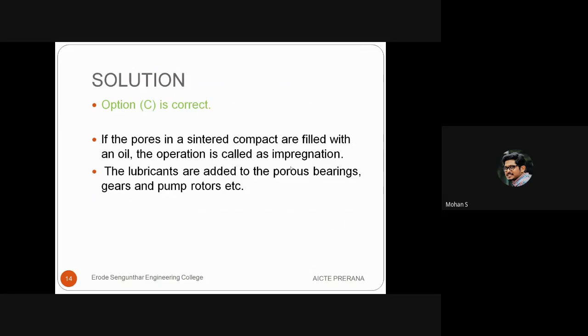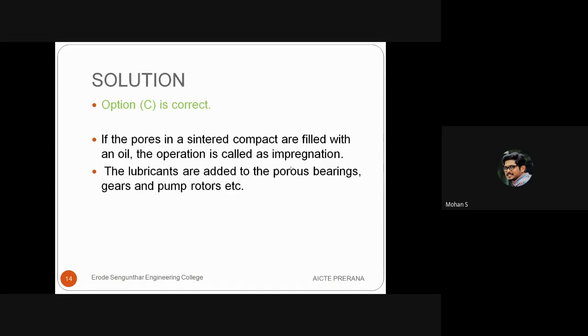Here we are using oil to enhance its property.